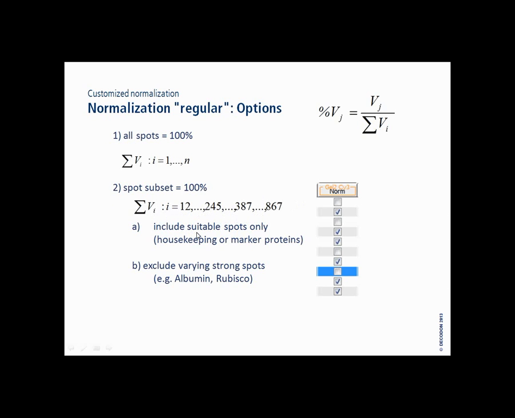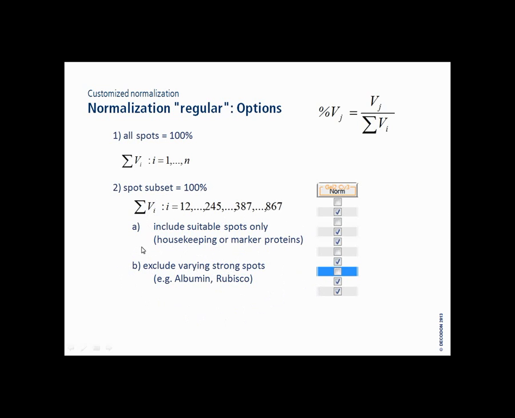And there are two options. Maybe you just want to include spots where you know that they do not change in your experiment, housekeeping proteins or proteins that you have spiked into your samples, marker proteins. Or it could be that you want to exclude strongly varying spots and keep all the others in the normalization basis set.